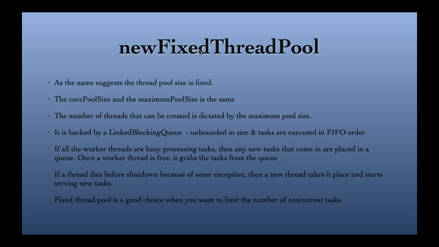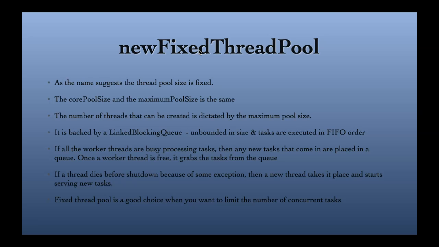If you submit 20 tasks, then the first 10 tasks that you submit will be picked up by the worker threads, and as they are processing, since all of them are busy, the rest of the 10 tasks would end up in the queue. Once any of the worker threads finishes its current task and is ready to take up the next task, it would go to the queue, pick the next task available, and start processing it.